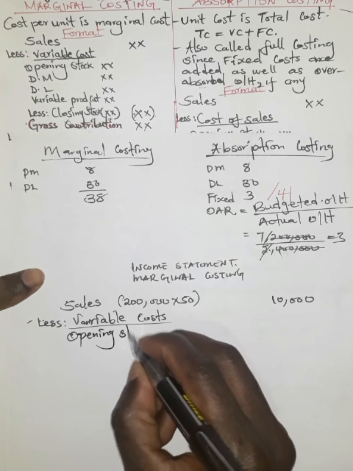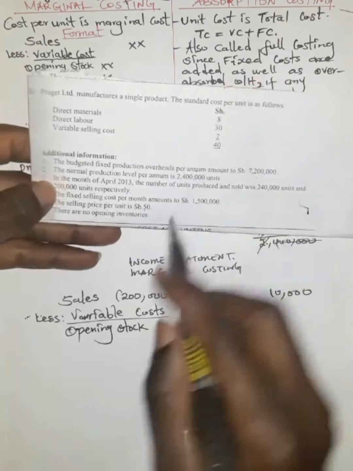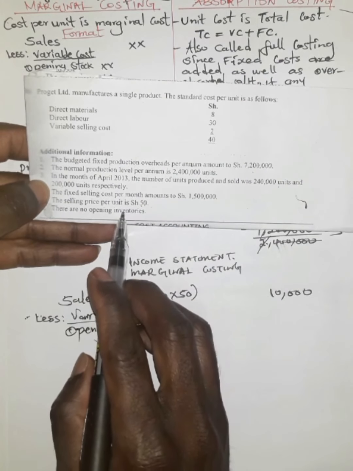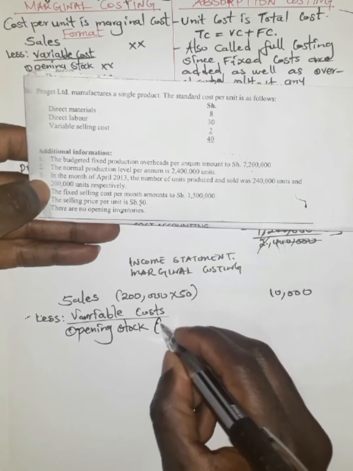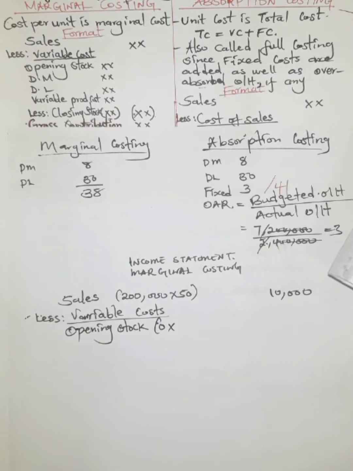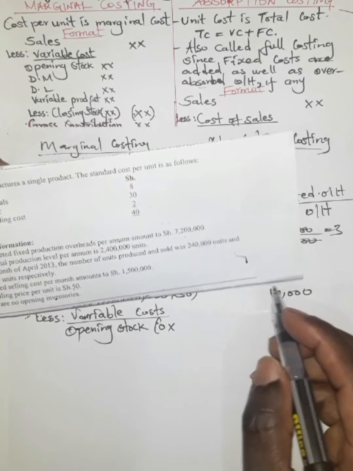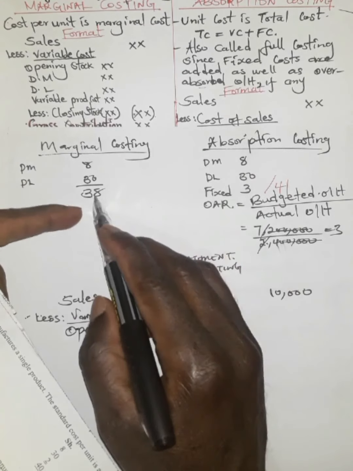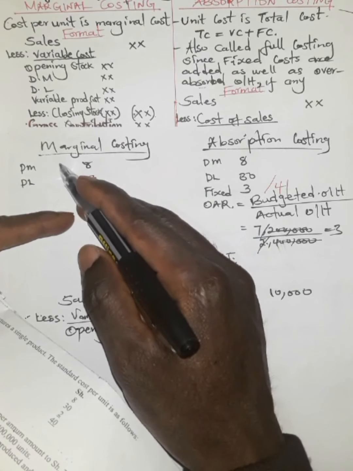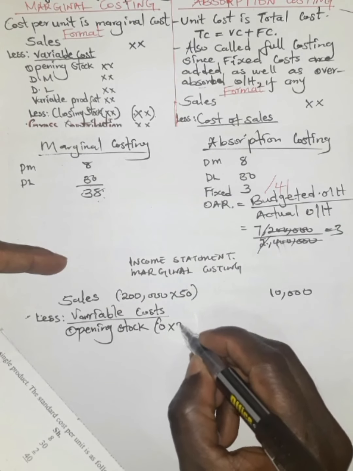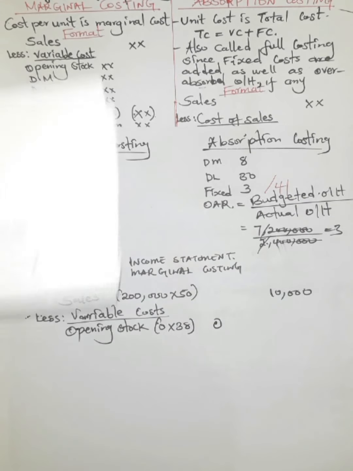We are told that there is no opening stock, so our opening inventory is 0. You should know that we multiply that opening stock times the standard unit cost computed under marginal costing, which is 38, that is the direct material plus direct labor. Times 38, we get a value of 0.